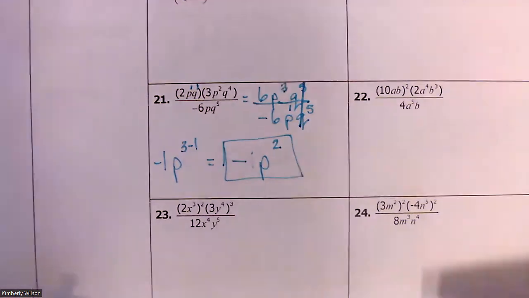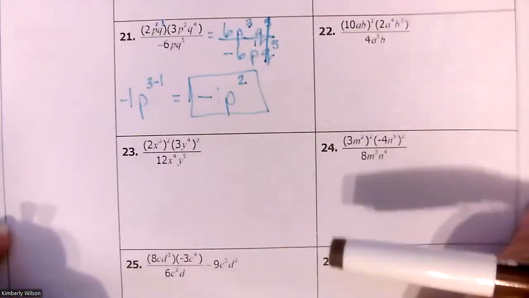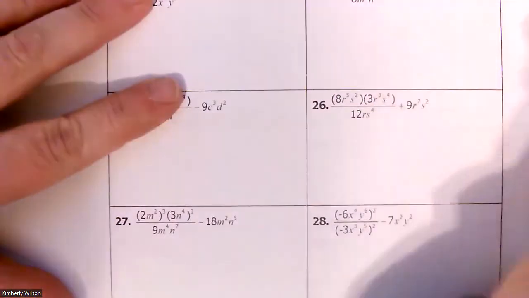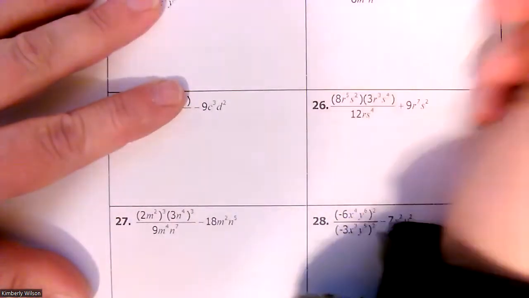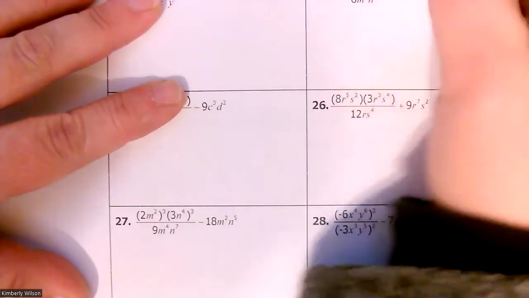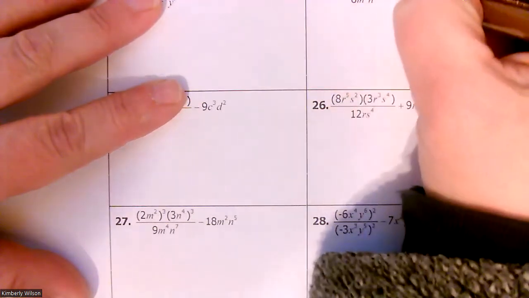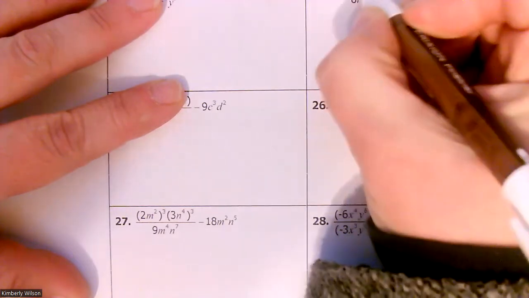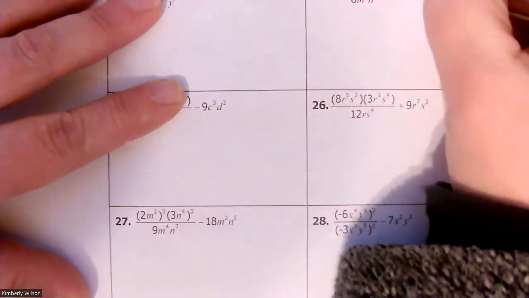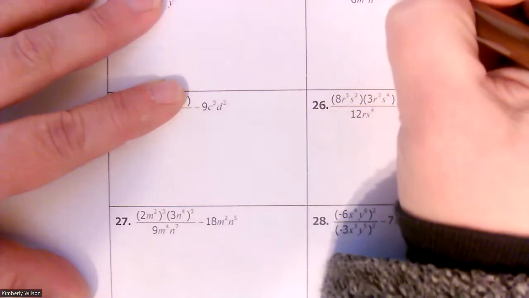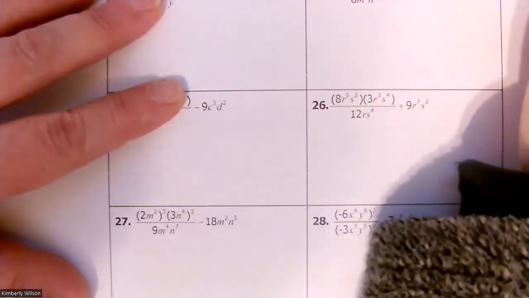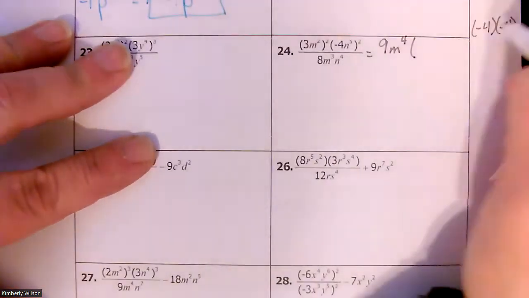24. This is where we've got power to the power, product, and the quotient rule. Okay, but we have to do the power to the power first. So I've got 3 squared, which is 9, m to the 4th, because it's 2 times 2, times negative 4 squared. So that's negative 4 times negative 4.